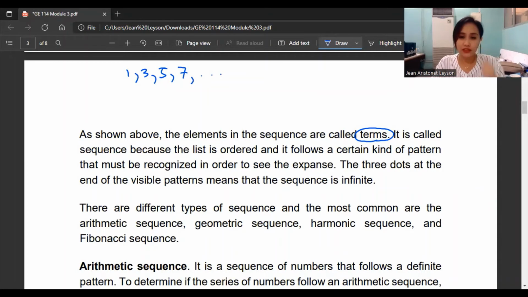It is called a sequence because the list is ordered and it follows a certain kind of pattern.